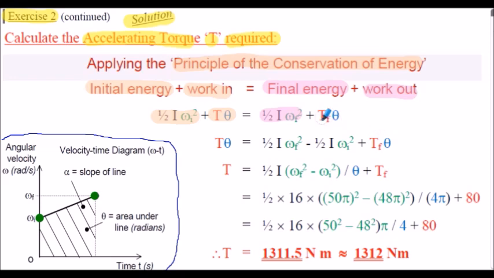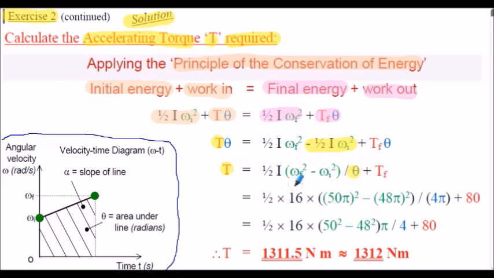And we're told that there's a constant frictional couple, so we have to work out the system work done against, or done by, the frictional couple. We're trying to find T in this case, so rearranging the equation, first of all I subtracted the half I omega squared from both sides of the equation, and again divided throughout by theta to produce the equation for the torque.